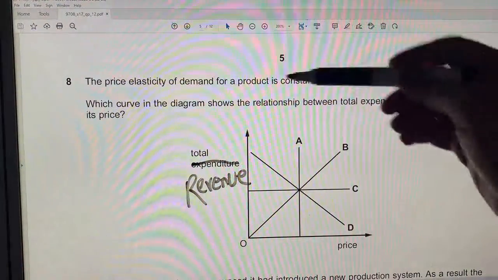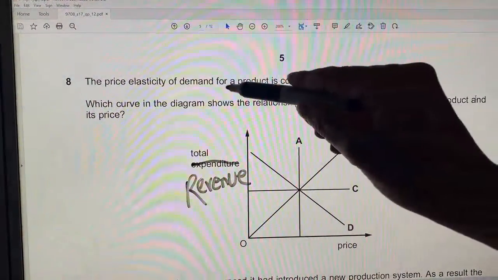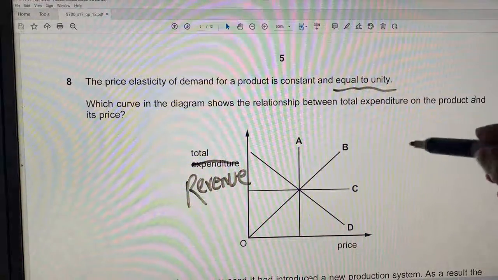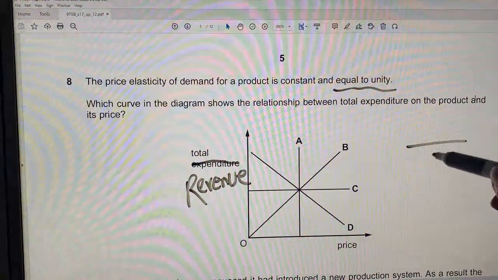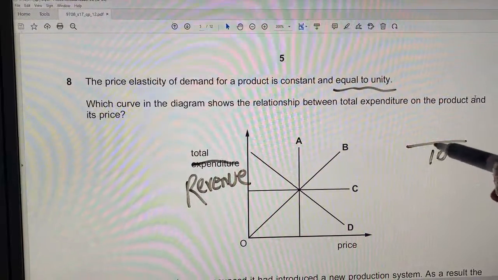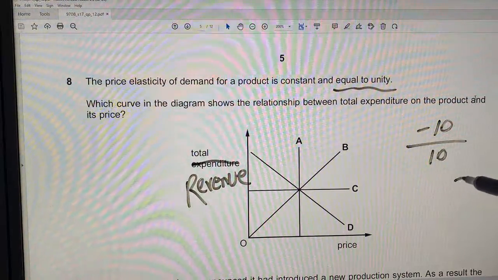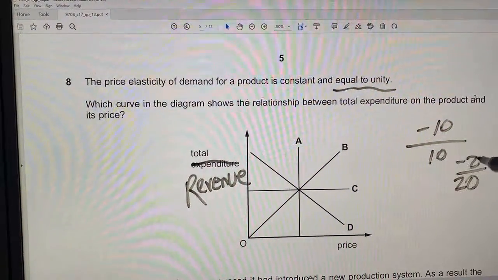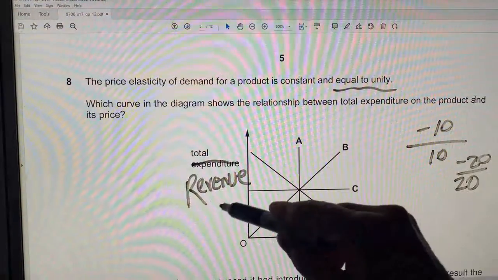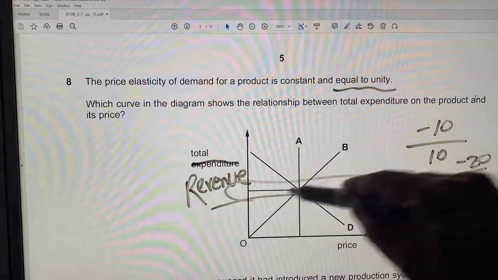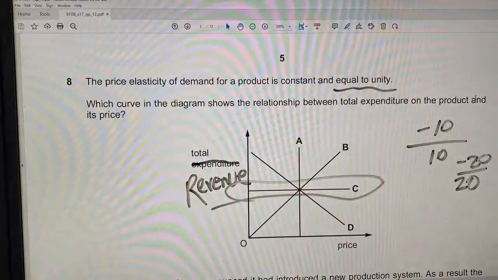And this said that price elasticity of demand is unitary. So if the price increases by 10%, then demand decreases by 10%, so total revenue will be the same. So the answer for 8 must be C.